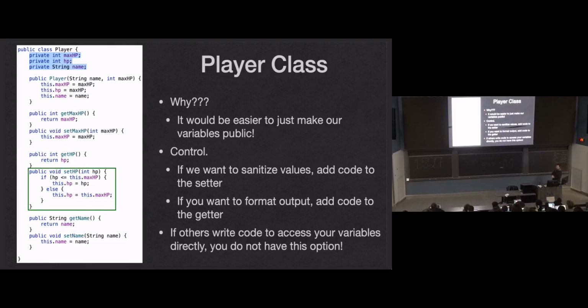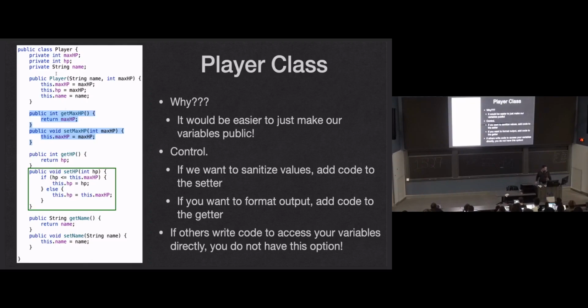But if we have these private and use getters and setters, even when we don't need them, we don't have any checks on max HP, and we can also do formatting for the getters. If we want to store data in one format but return it to users in a different format and hide the internal details through encapsulation, we can't do that if we give direct access to our variables.